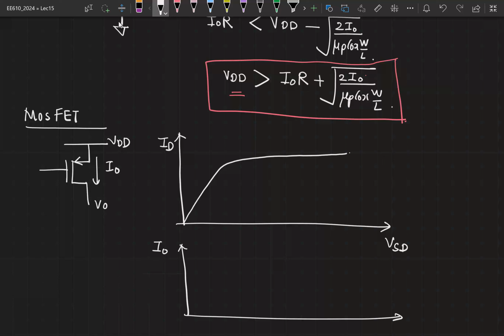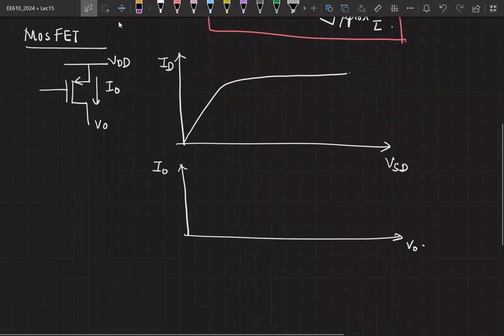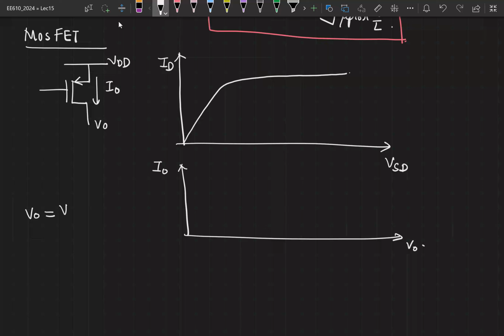Now then, how can I plot I naught versus V naught? What is the relationship between V naught and VSD? V naught is VDD minus VSD, right? So can you now help me plot this?